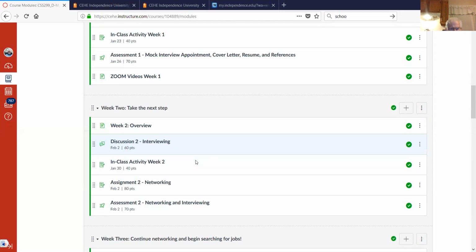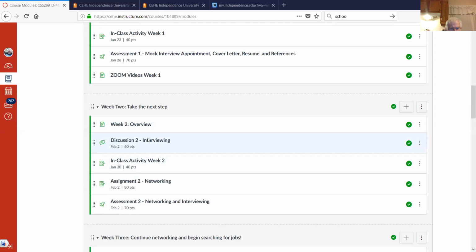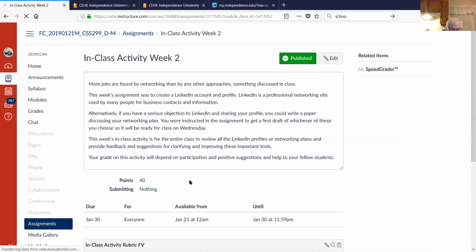Next week, we are working on looking at interviewing and networking. Your discussion will actually fall around that. The in-class activity will be to continue to work on a number of things. Let's take a quick look at it.